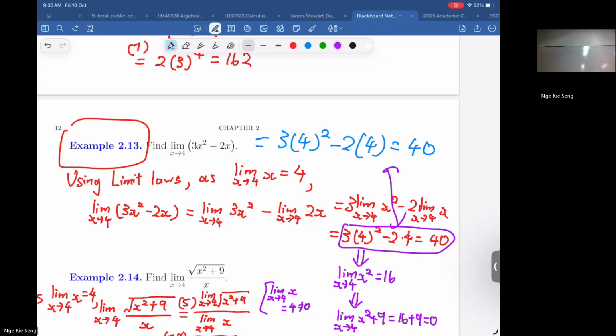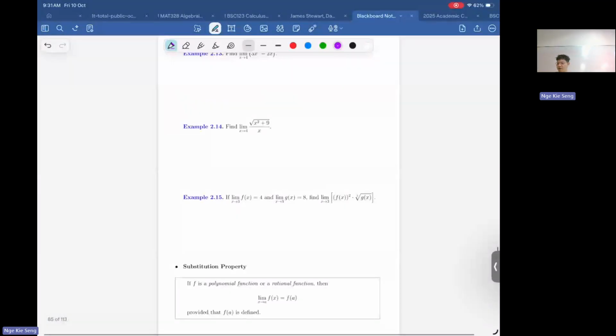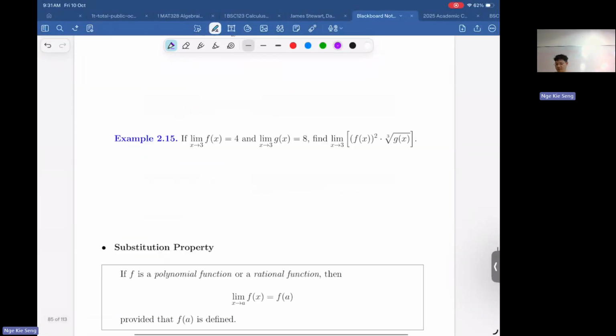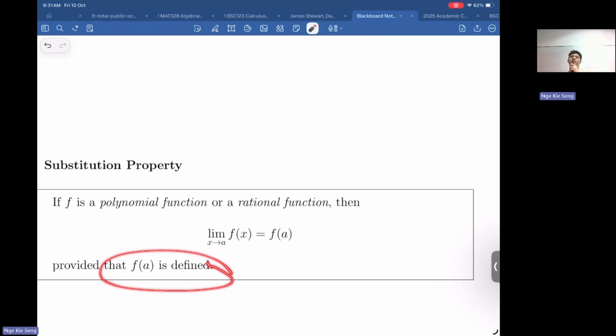And that's it. So we can extend this idea to rational functions as well, because a rational function is just a quotient of polynomial functions. One very important thing here: provided f(a) is defined. You might think that sometimes in the quotient you will divide by 0, then you can't use this substitution anymore.